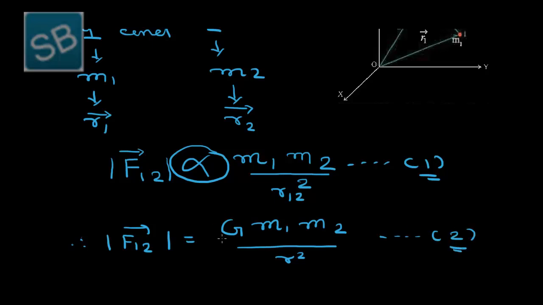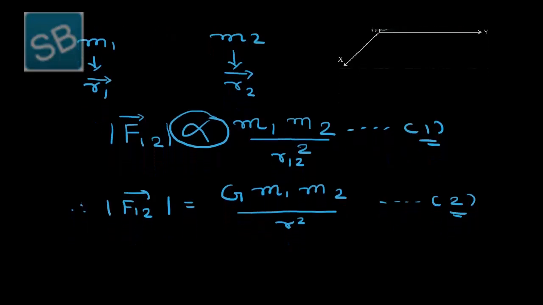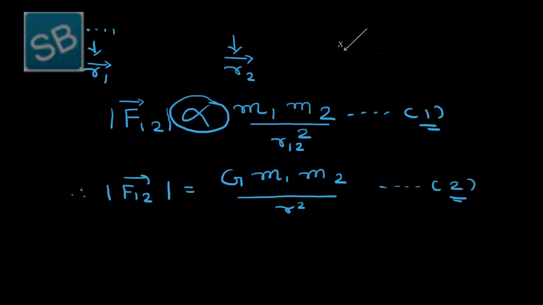And here, first of all, what is G? That we will discuss. So G is the universal constant of gravitation. And why is it called universal?